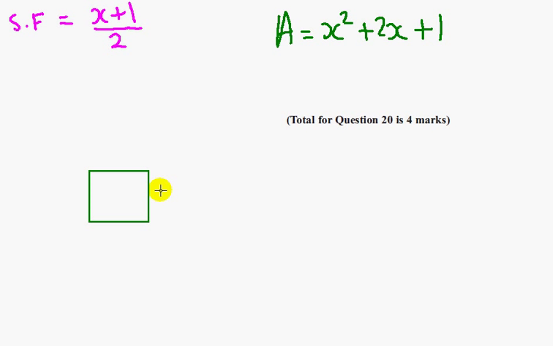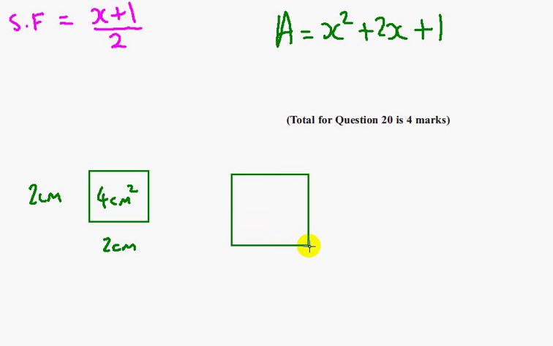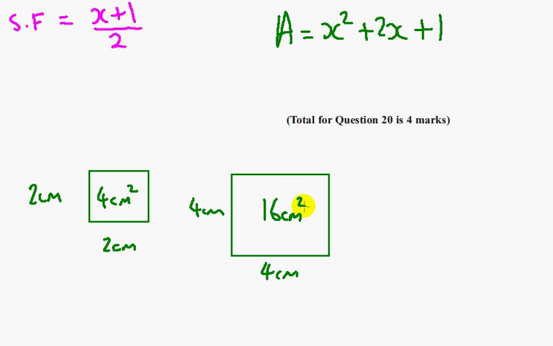So if the square was 2 centimeters by 2 centimeters, I hope you would agree that this is 4 centimeters squared. Now let's enlarge that by a scale factor of 2. So that means now the sides are 4 by 4, which would give us 16 centimeters squared with a scale factor of 2.